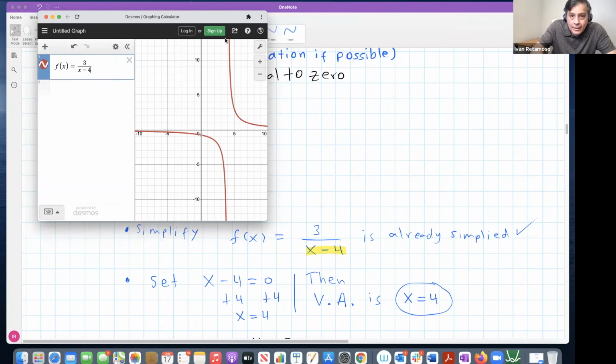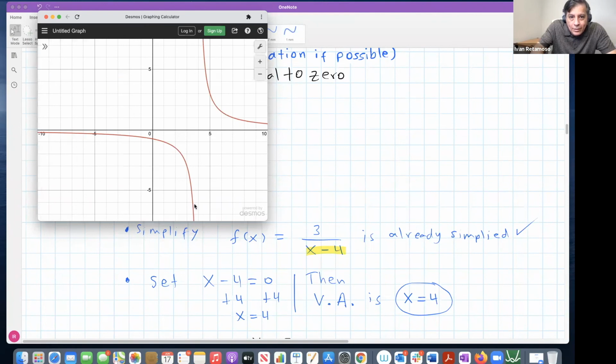Aha, you can see it there. See this vertical line separating the graph into parts? This is the vertical asymptote, and notice how it happens precisely at x equal 4. Look, 1, 2, 3, 4, right there. There is this x equal 4 vertical asymptote.